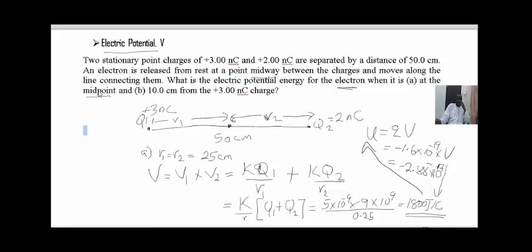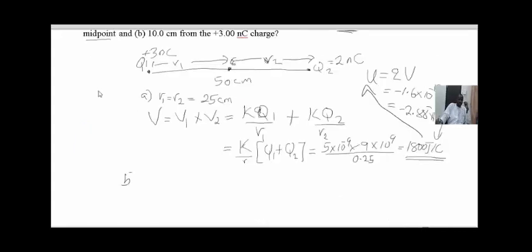So let's look at part B. In part B, our R1 is 10 centimeters, and R2 can therefore be 40 centimeters, because the separation is 50 centimeters.